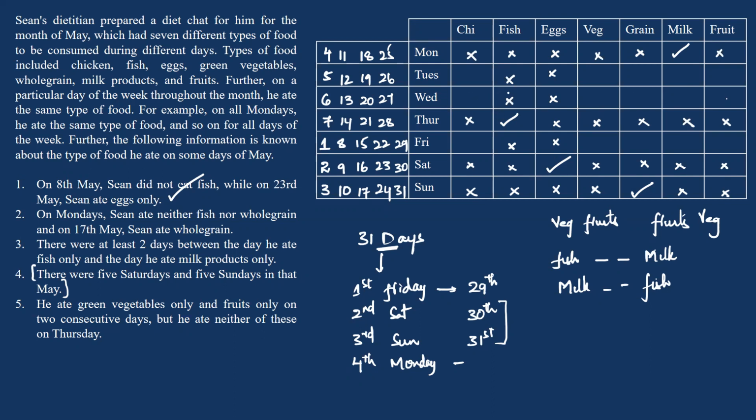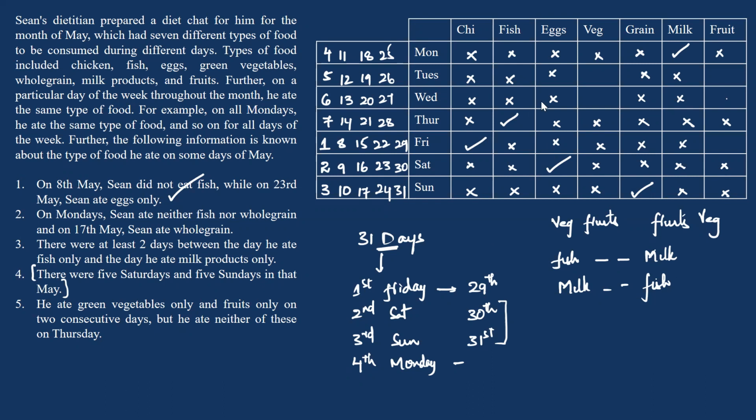Okay, so Monday, either vegetables or fruits. Or let me put crosses at all the places. And on Friday, we have him eating chicken. So this is an open set, and you can answer the questions based on this table. Clear?